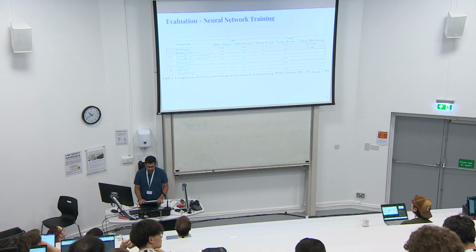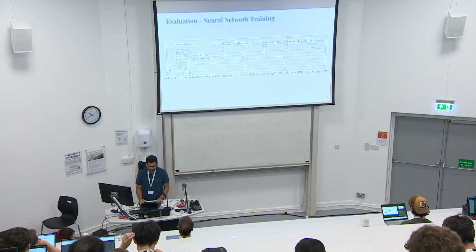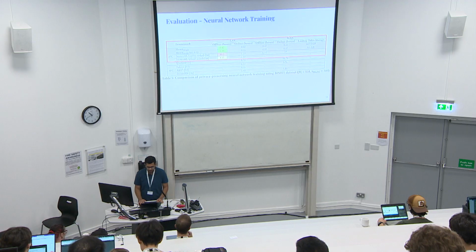If we look at the neural network training, again, we see a similar trend. In this table, I'm comparing our protocols with a number of different two-party and even three-party computation protocols. And in both LAN and WAN settings, we can see that for example, for the offline phase, our protocols are able to complete it in less than half an hour for a 3-layered neural network.